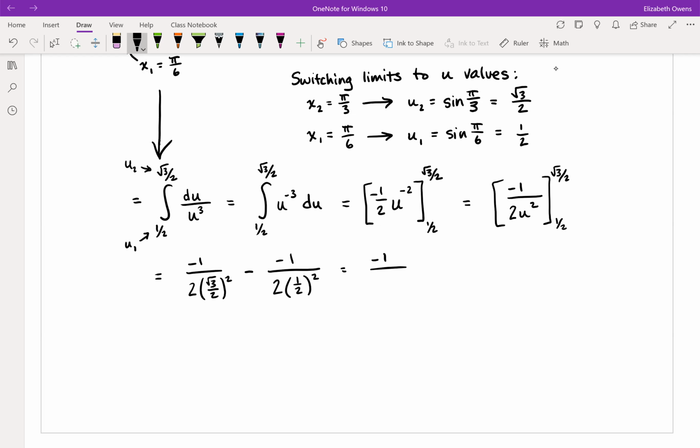Okay, and from here out, the rest is algebra. 2 times 3/4 there, plus 1/2 times 1/4. All right, good times in algebra land.